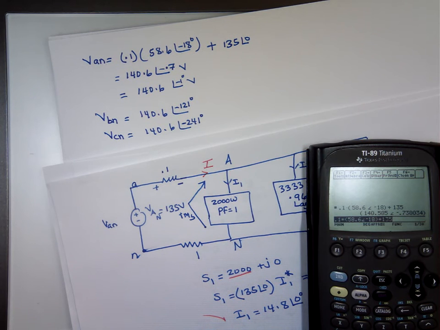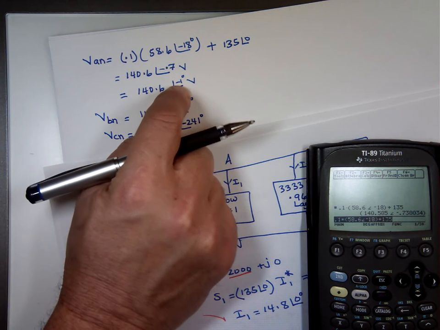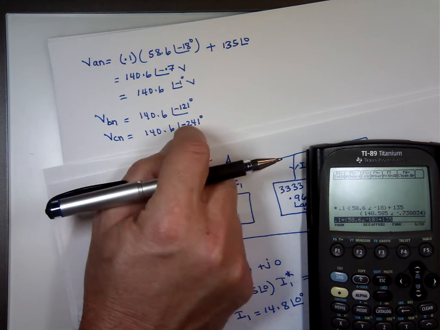The question is the phase voltage at the source. It doesn't say the magnitude, because if they're looking for the angle, you go negative 1, negative 121, negative 240, but what they're looking for is 140.6. That's the magnitude.